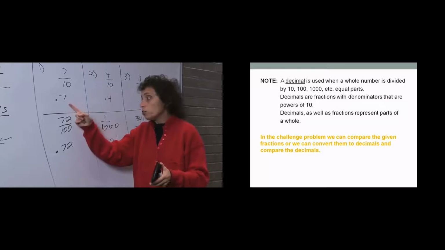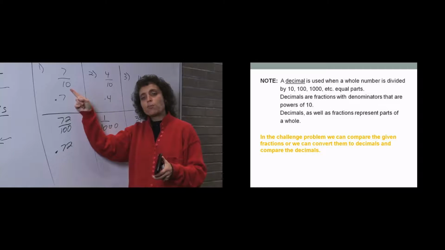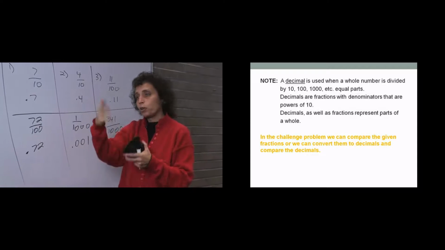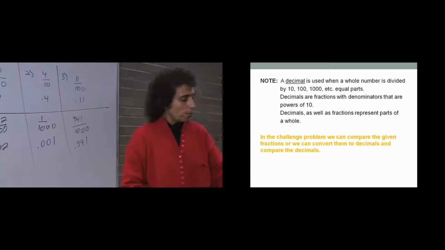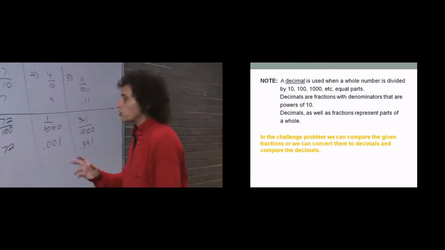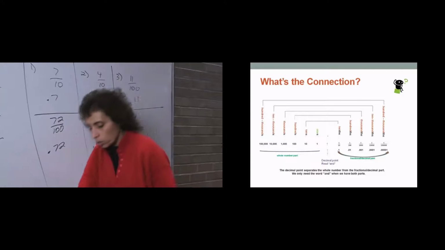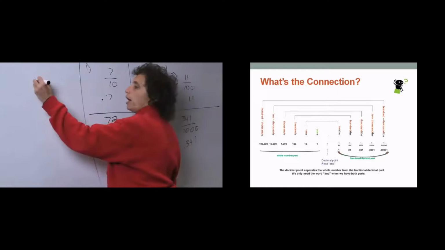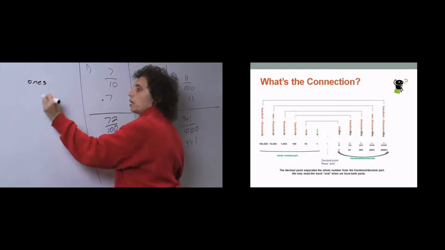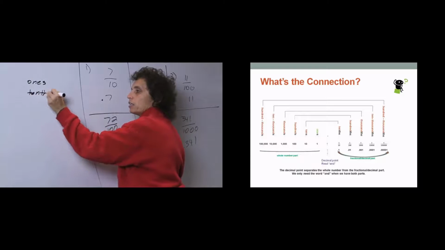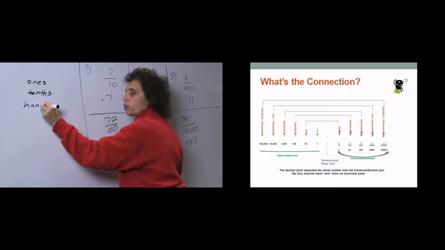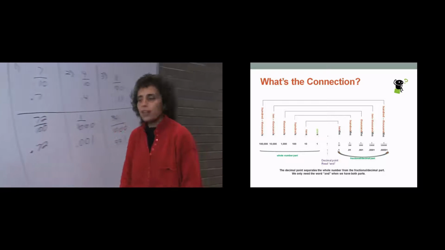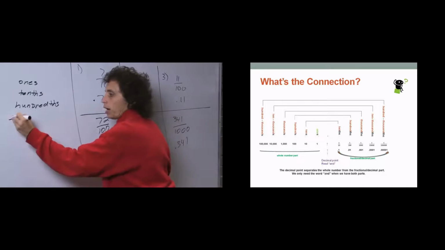We know decimals are fractions that have denominators that are a power of 10. So now let's look at the place value chart for decimals that's in your workbook and on the slide. It may be a little small on the slide, but it's definitely clear enough in the workbook. You have the ones place, and then you have the tenths place, and then the hundredths place, and then the thousandths place.